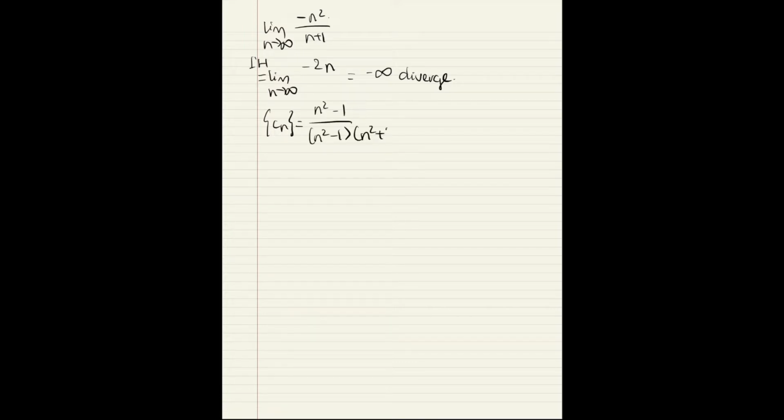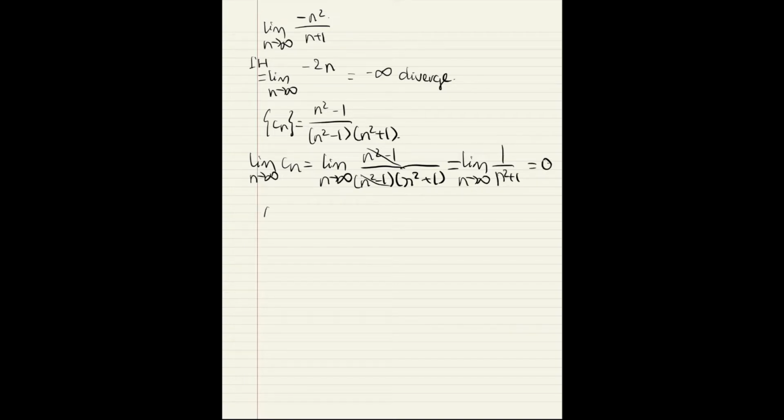While taking limit of n to infinity of c_n, we simplify the function inside: n squared minus 1 over n squared minus 1 times n squared plus 1, which is just, you cancel in the numerator and denominator, so it just equals limit of n to infinity of 1 over n squared plus 1, which is 0. So this one converges.